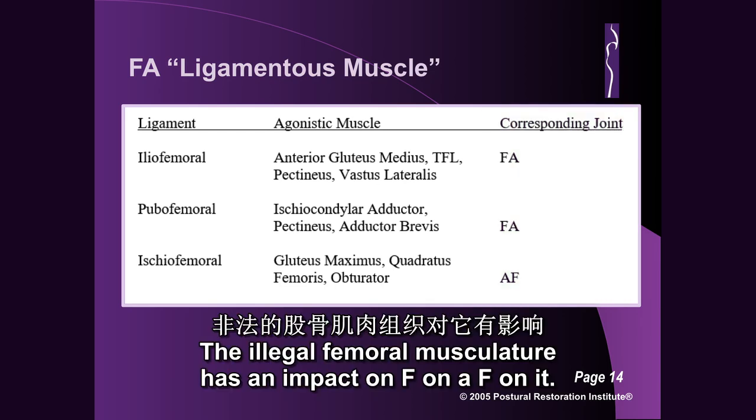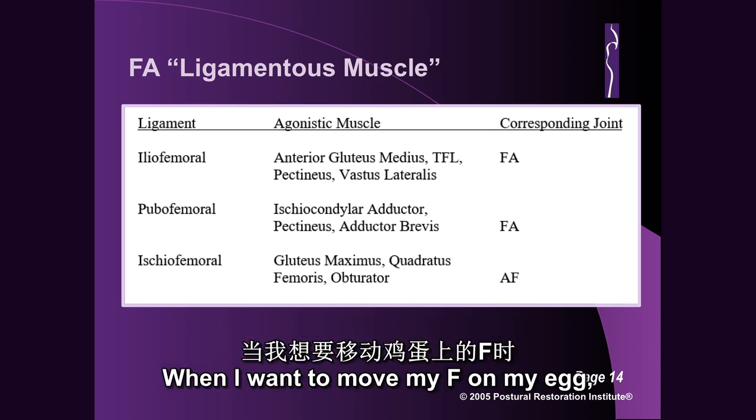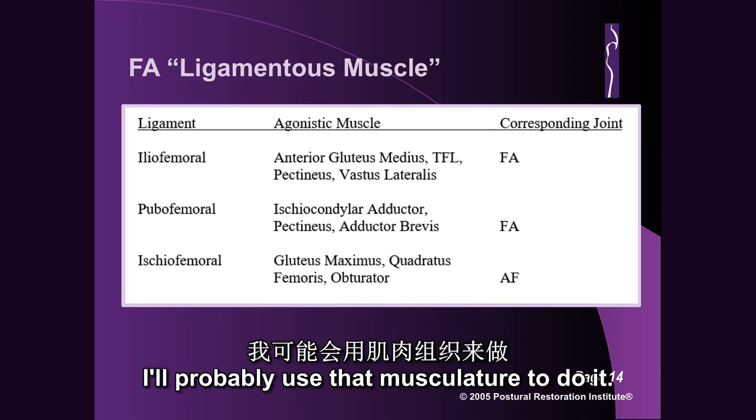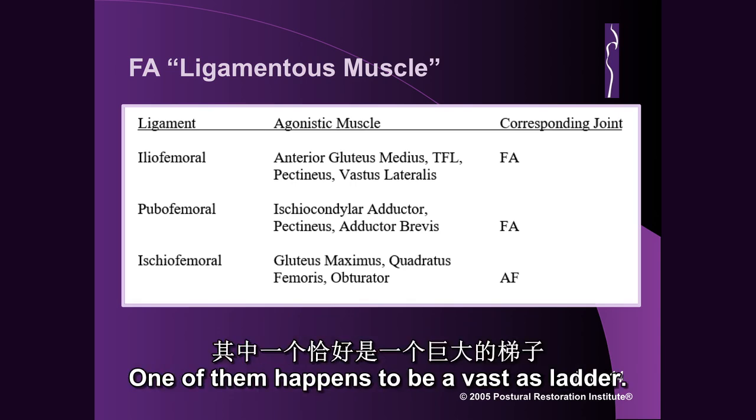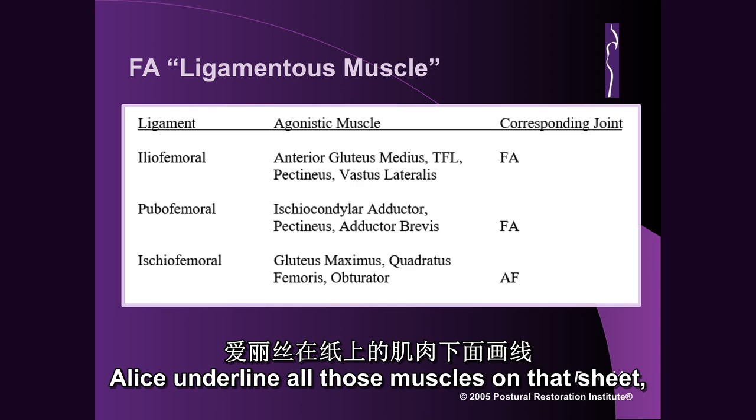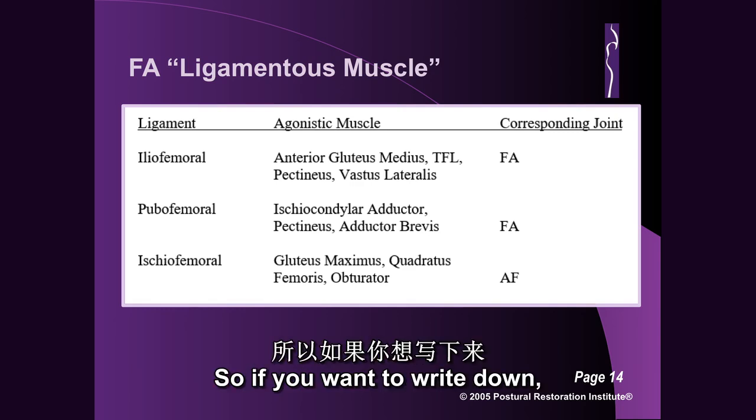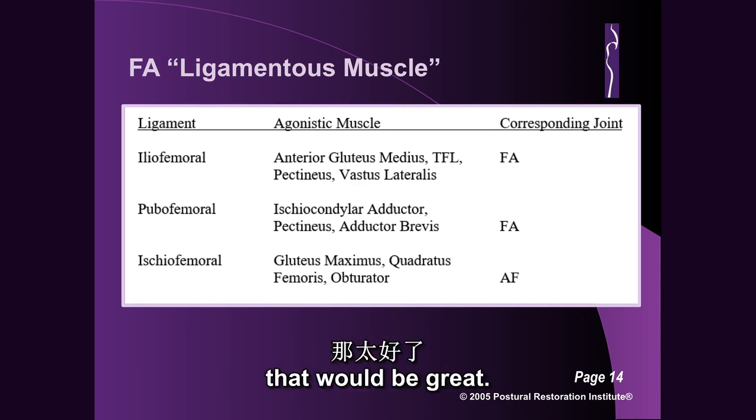The iliofemoral musculature has an impact on F on A. When I want to move my F on my A, I'll probably use that musculature to do it. One of them happens to be a vastus lateralis. Underline it. All those muscles on that sheet are internal rotators. So if you want to write down IR muscle, that would be great.